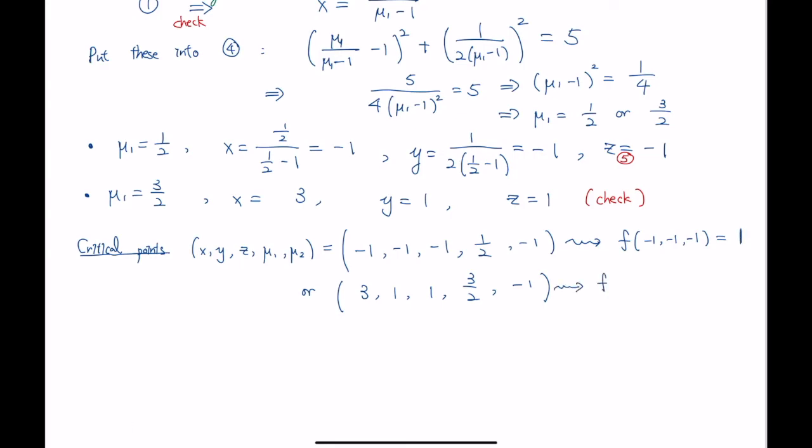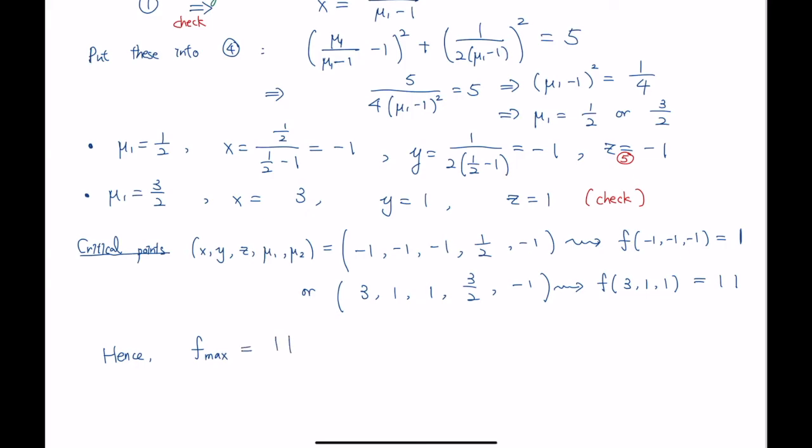The other one is 3, 1, 1, and that gives x squared plus y squared plus z, so 9 plus 1 plus 1, 11. Then you have two special values, and which one is the maximum? Of course, it's the larger one, so this one. Hence, the maximum value, f max, equals 11.